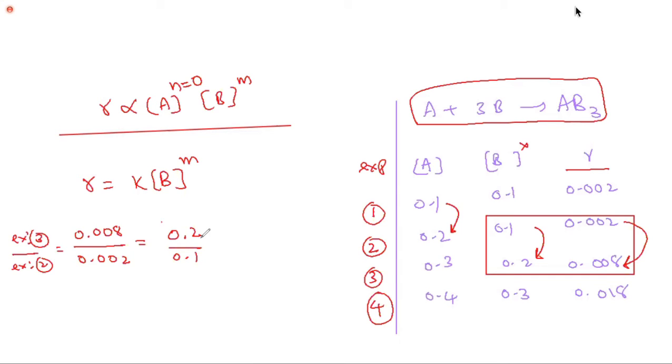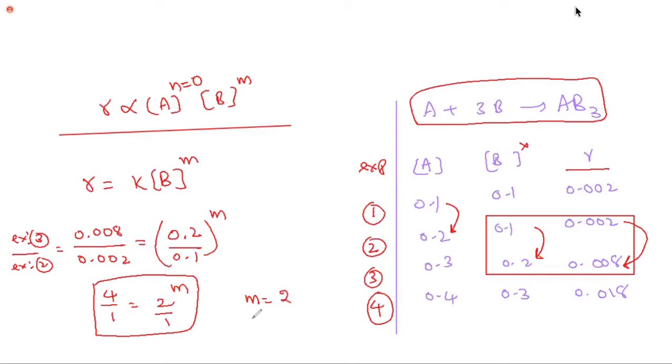This formula, have you understood? Now, solve this. So, it will become what? 4 by 1 is equal to 2 power m, correct? So what m will make 2 power 2? m is equal to 2.